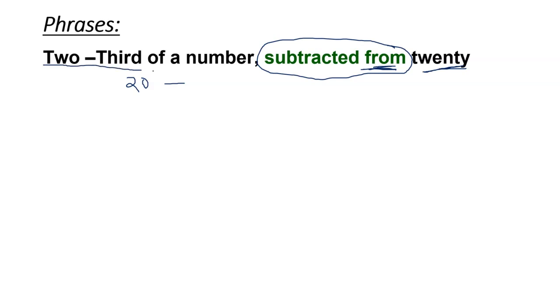And then you can write 2/3 of a number. Of also means multiplication. 2/3 will be a fraction, so you will write it as 2/3. And then of means times. The variable can be on the top with the 2, or you can put it in the middle sometimes. Both ways you can write. So here I showed you another version, 20 minus 2/3, and this time I wrote the x in the middle.